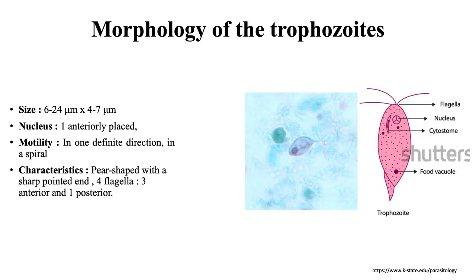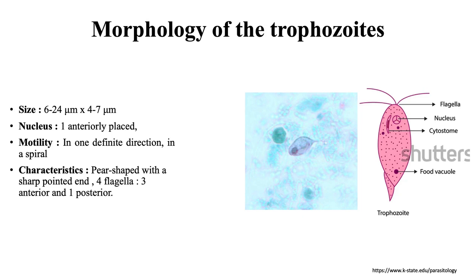I will mention later. Morphology of the trophozoite, as you can see here, the size is 6 to 24, okay, and there is only one nucleus, okay, and this is the cytosome. There is a cytosome, okay. Don't focus that much on the cytosome, but just remember there is one nucleus, because in the Giardia lamblia we have two.